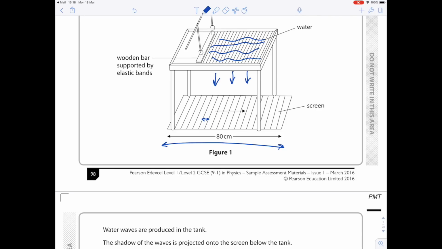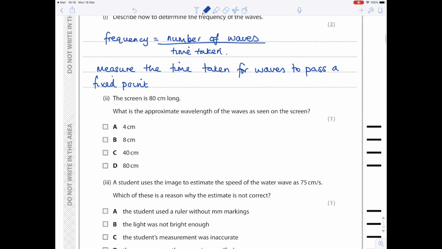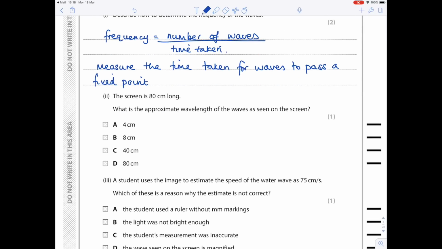So count the number of waves. That's 1, 2, 3, 4, 5, 6, 7, 8, 9, 10, 11, 12, 13, 14, 15, 16, 17, 18, 19. So effectively you need to do 80 divided by 19, and that gives you a value which is approximately 4. So if you have a look, you can see that option A is 4 centimetres, so that is the correct answer.